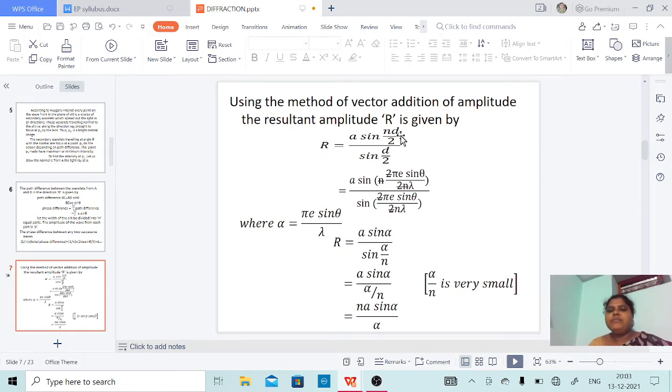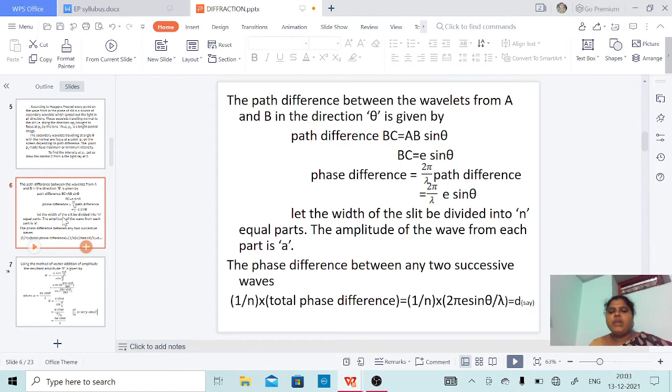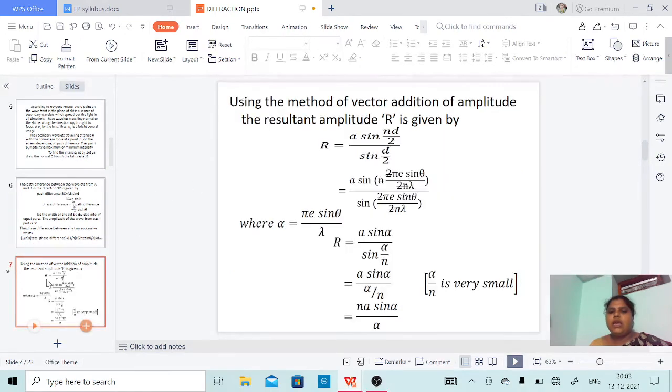Here, what is d and what is n? n is the number of equal parts into which the slit width is divided. d must be replaced by 2 pi e sine theta by lambda. Now d is replaced by that value.